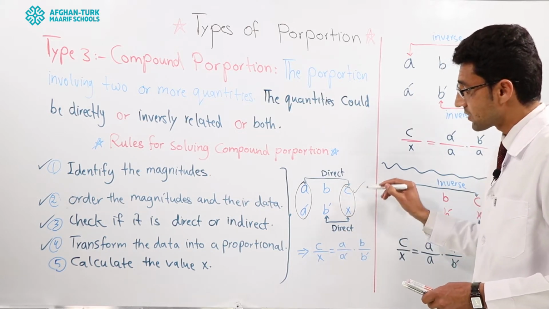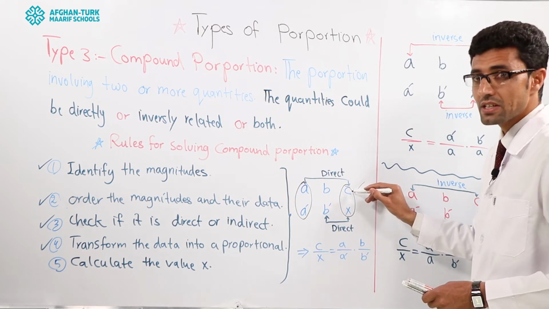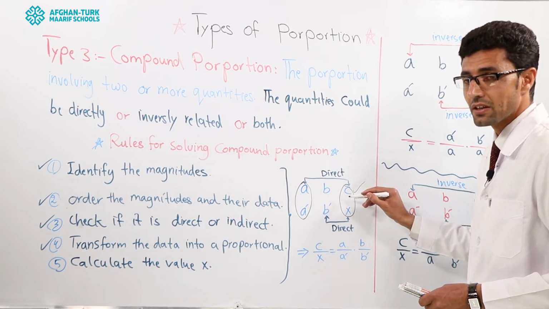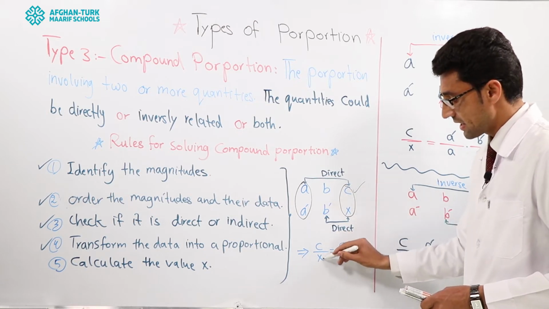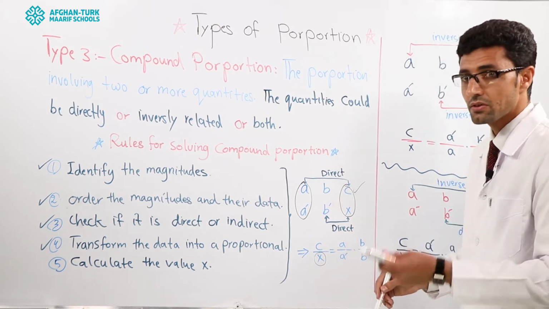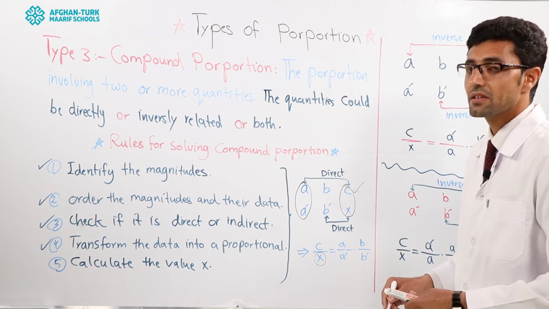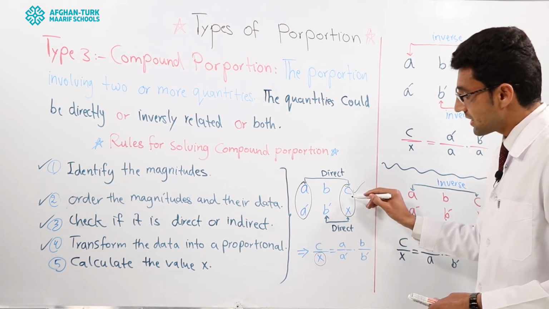At first, write the one which is unknown, C over X. It means the value of X is what you are going to find. So write that first.